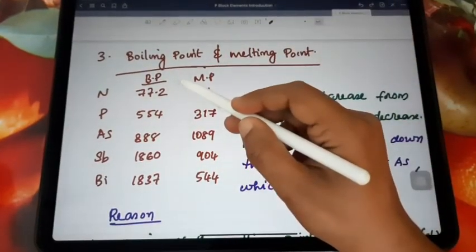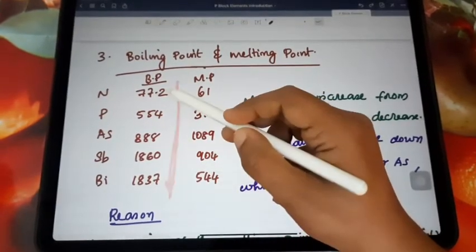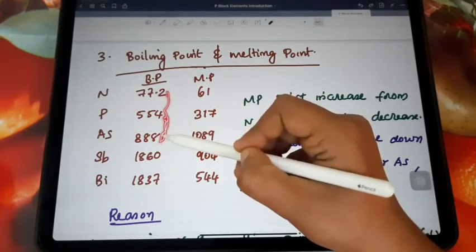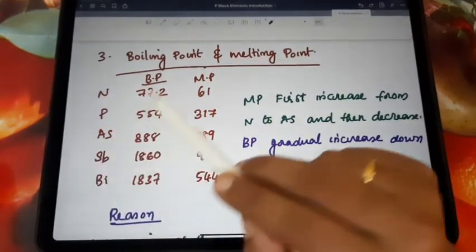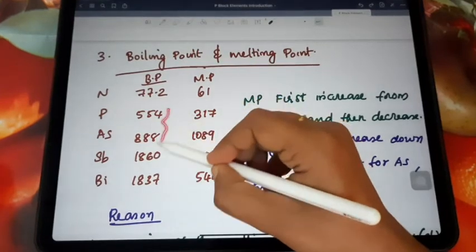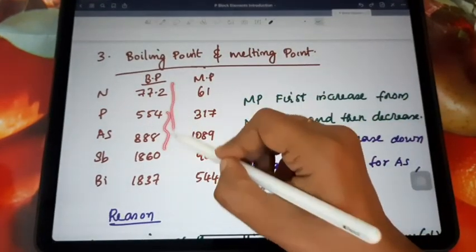When you compare the boiling point values, there is a gradual increase. 77, 554, the sudden increase. But here, not such a big increase, because arsenic has a chance to sublime. That's why it is not such a big increase, but still it is a gradual increase.